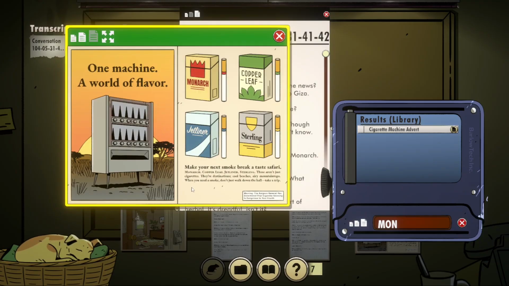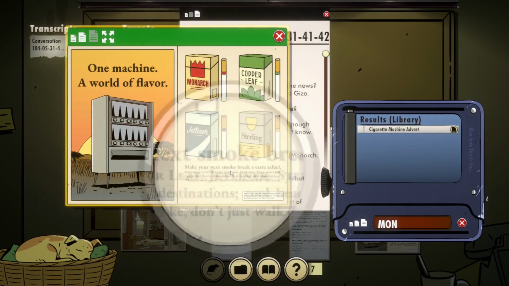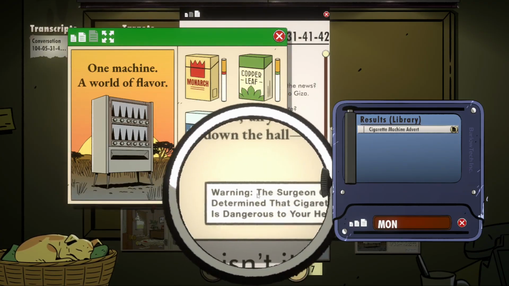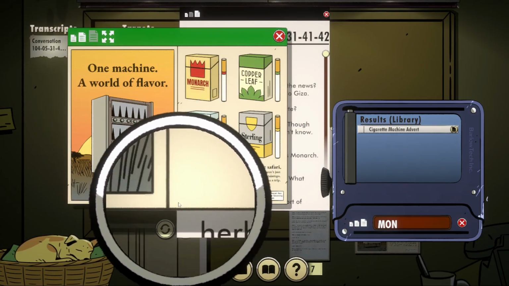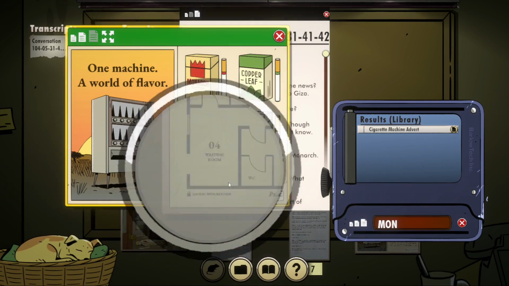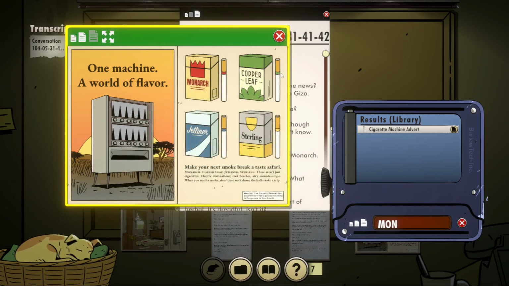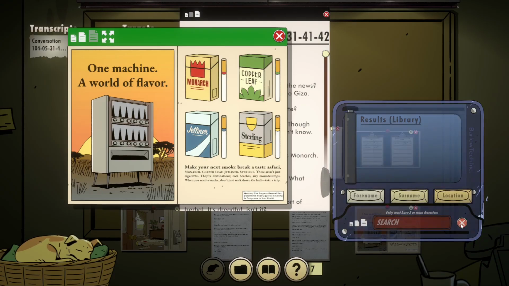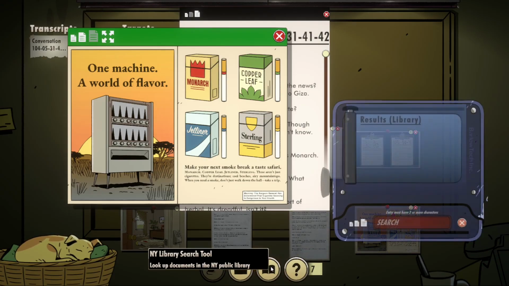Monarch, Copperleaf, Jetliner, Sterling. These aren't just cigarettes, they're destinations. Copperleaf. Whoops.